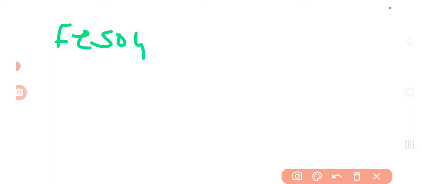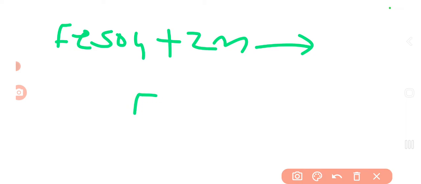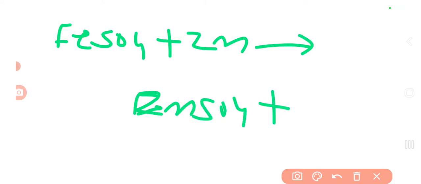FeSO4 plus zinc, and the reaction is completed this way: ZnSO4 plus Fe.